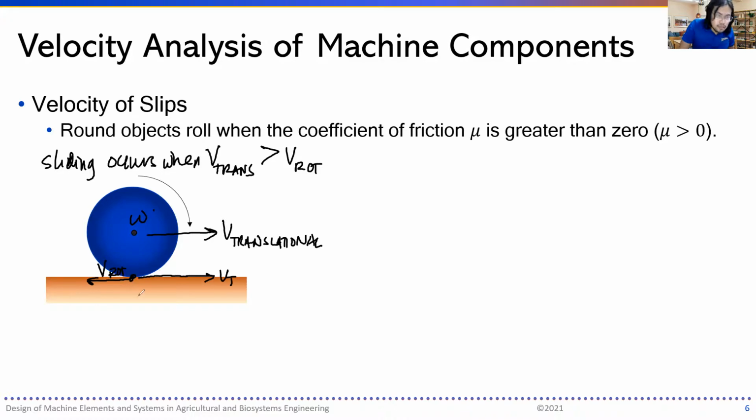The net of that is v net, which should be greater than the frictional force. Sliding is what's going to happen. There's still going to be frictional force in here. Sliding is also called forward slipping.